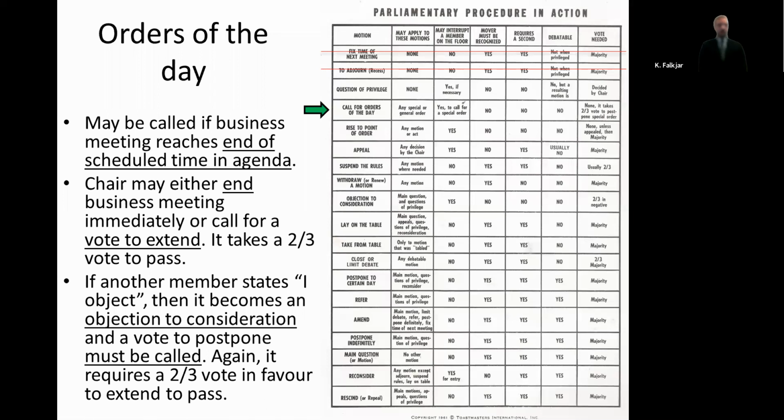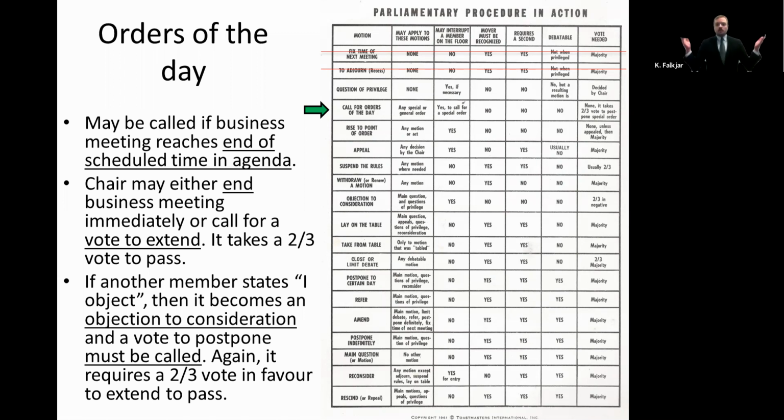Now this item, orders of the day. It can be called if the business meeting reaches the end of its scheduled time in the agenda. This is a Toastmasters implementation.